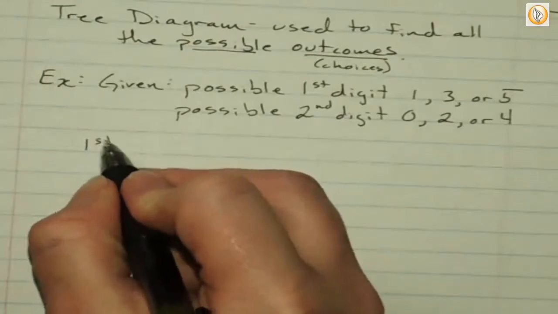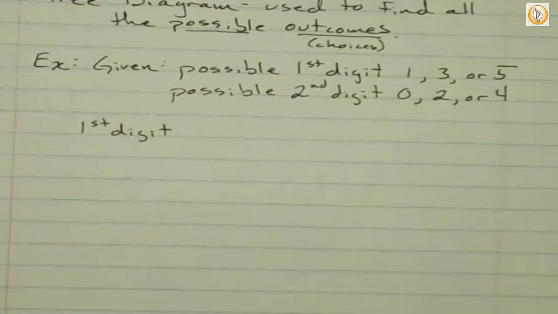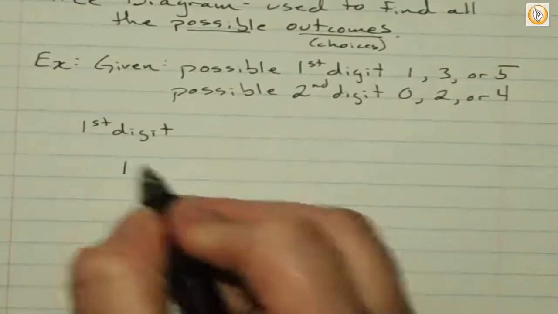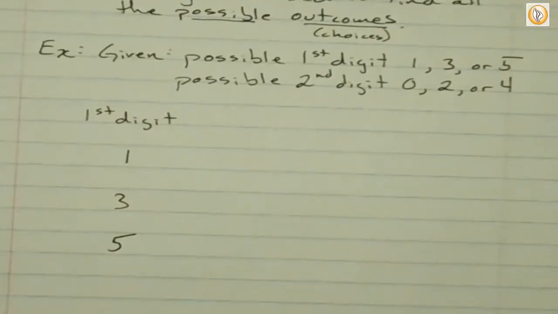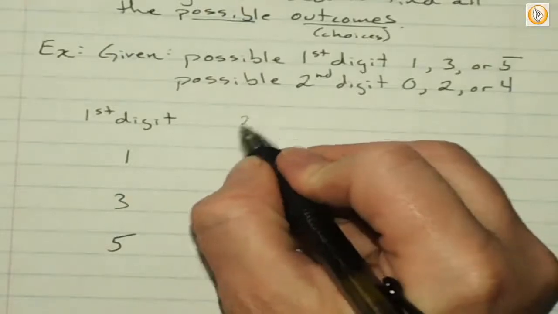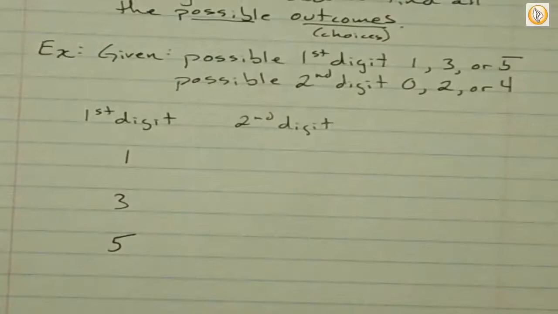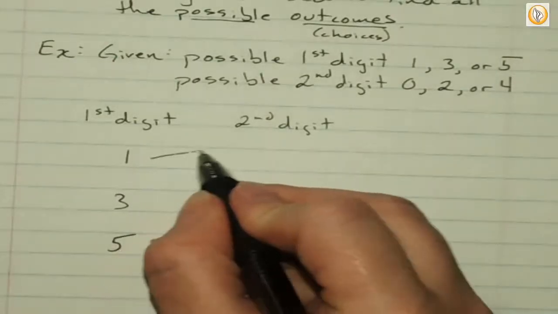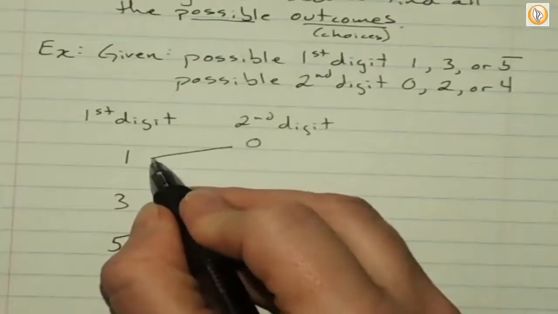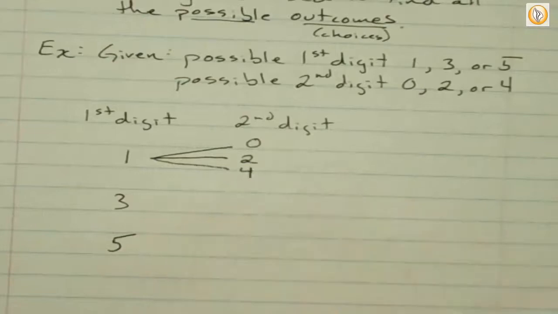So for the first digit, what were your choices, Joseph? 1, 3, and 5. For the second digit, what are your choices, Atalia? 0, 2, and 4. So then we would have 1 and 0, 1 and 2, and 1 and 4, right?